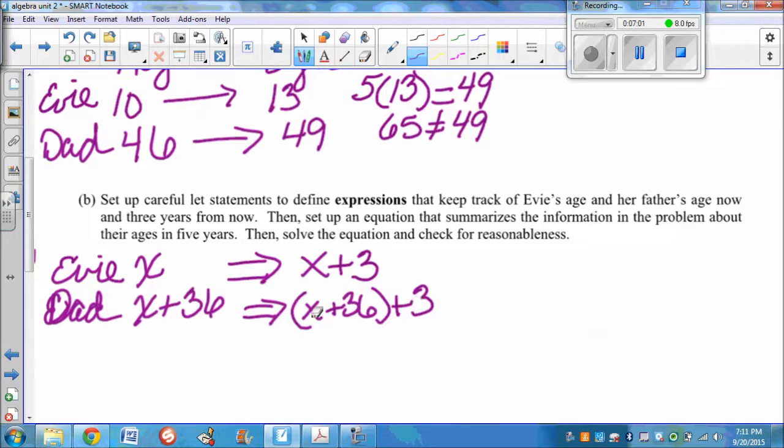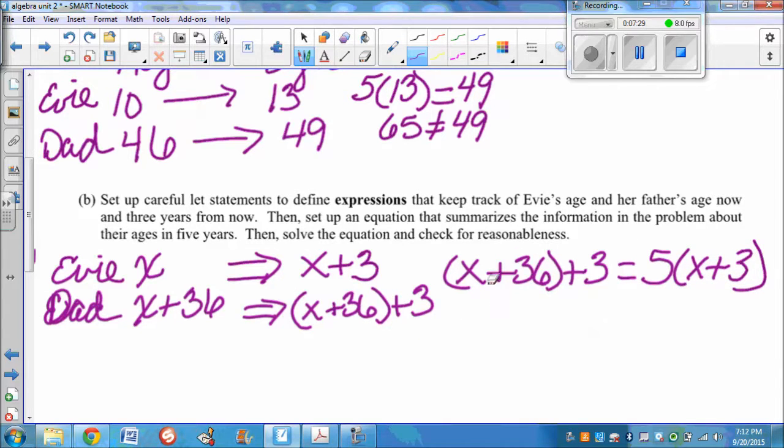Okay? So now let's take a look at what our equation would look like. So it says in 3 years, her dad's age is 5 times her age. So in 3 years, her dad's age, so X plus 36 plus 3, is equal to 5 times Evie's age in 3 years. Okay?